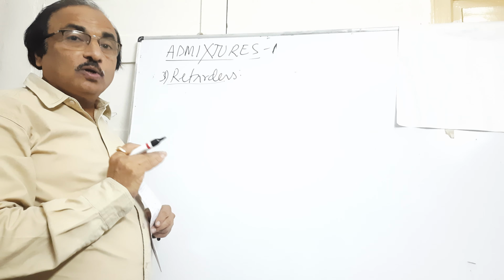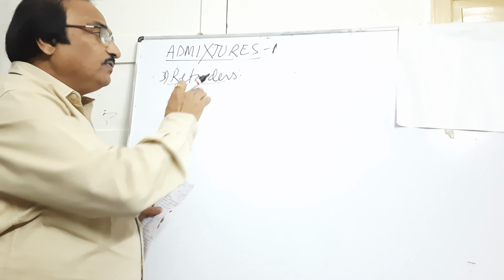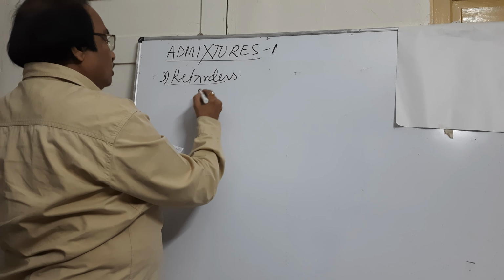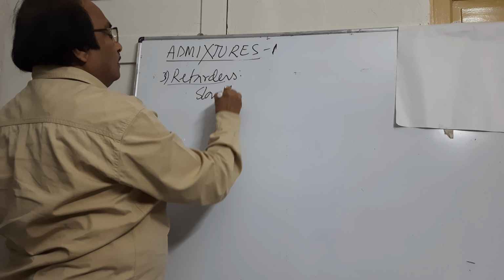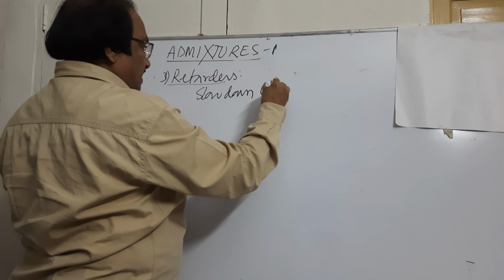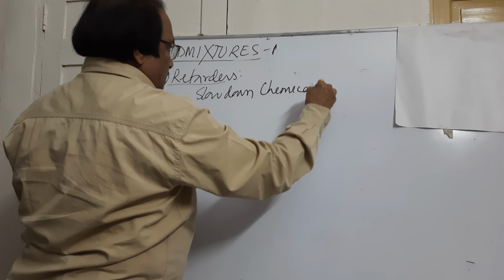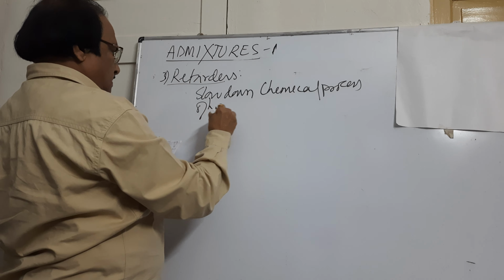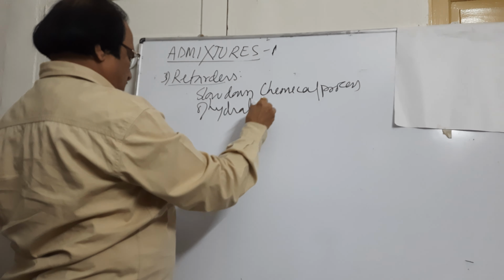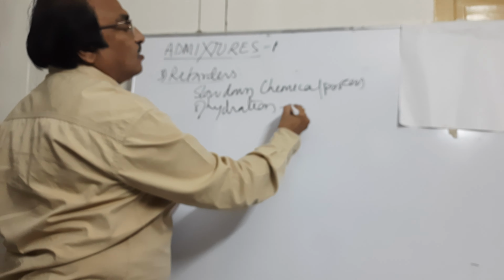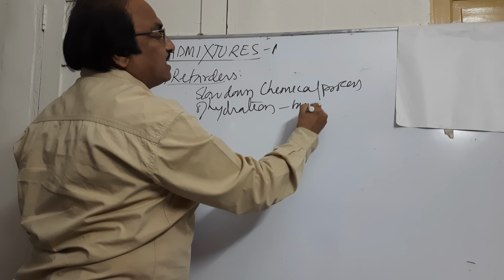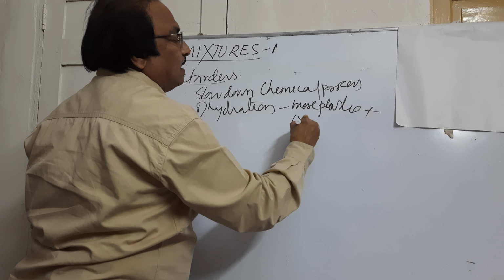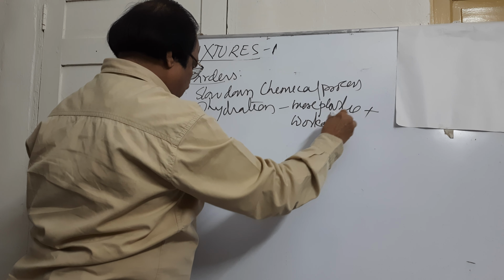If you want to slow down the hydration process, then we will be adding retarders. The basic purpose of a retarder is to slow down the chemical process of hydration, so that the concrete will be more plastic and more workable for a long time.